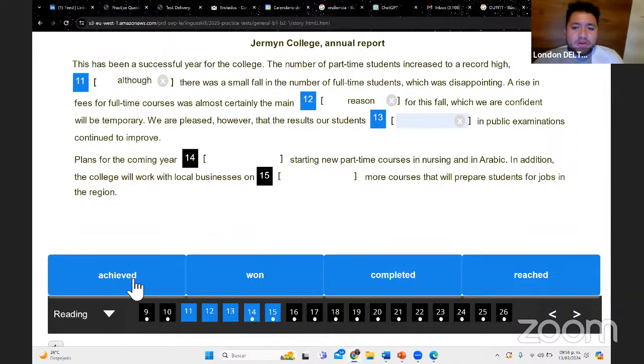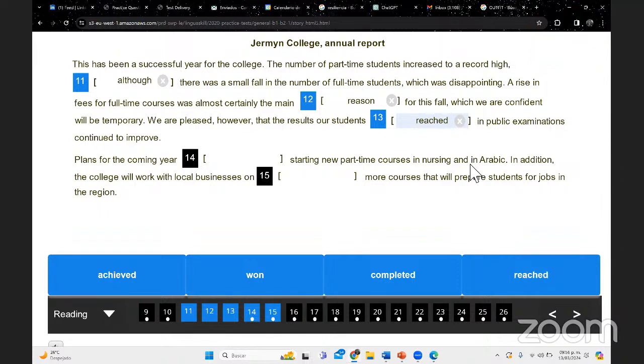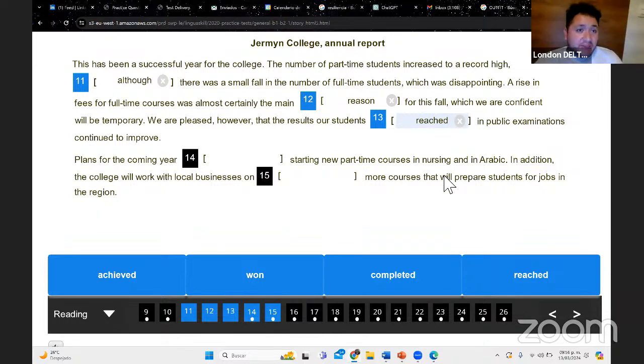Are you confused? Do you think achieve is the correct one? Do you think reach is the correct one? I think it's reached because they continue to improve. Maybe achieve will be final results. Okay, so makes sense. Do you have any other opinions?